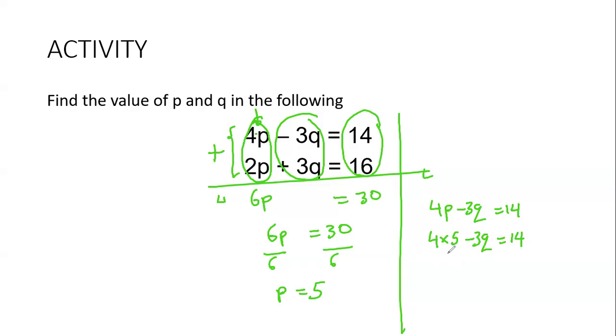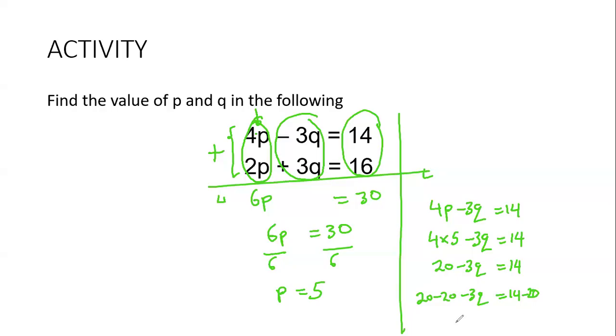So we are getting 20. 20 minus 14. We bring 14 from the other side. We are collecting like terms. Then we'll have 20 minus 14 equals 3q.